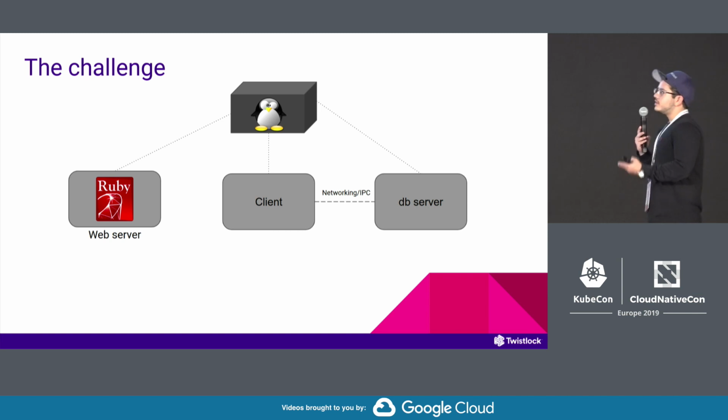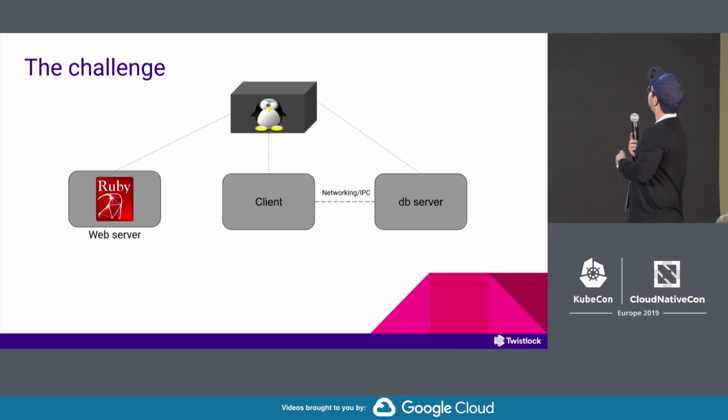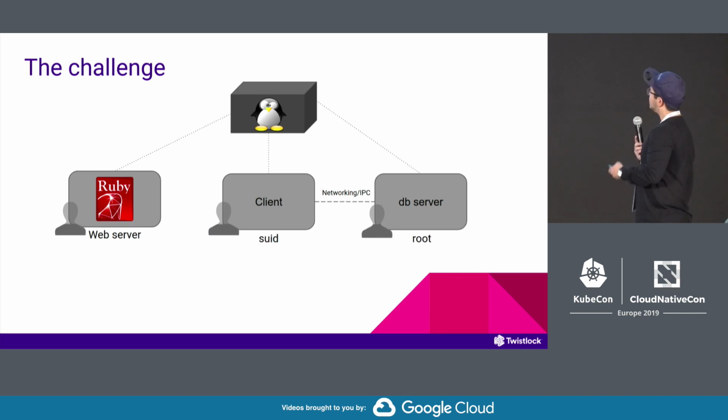Right, so before we even knew we were going to host this on Kubernetes, this was the design for the challenge. It would be a Linux machine, there would be a Ruby server, and there would be a client binary that would use IPC to get to the database server, which would hold all the hashes. Each of these binaries would be accessible only by the right user.